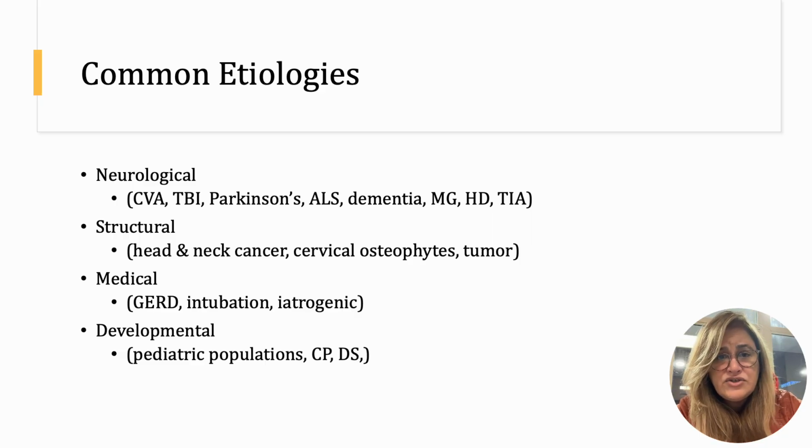Also behavioral issues secondary to sensory integration, which are sometimes related to feeding disorders, cerebral palsy, muscular dystrophy, Down syndrome. These are children that may result in having dysphagia or feeding disorders.